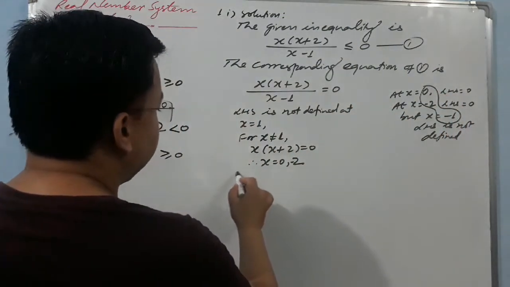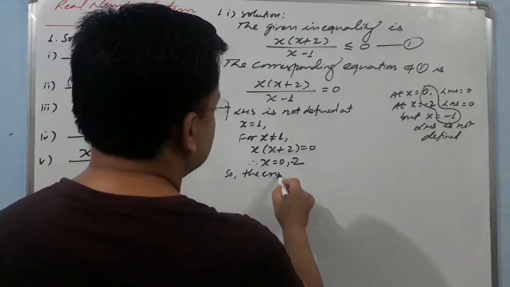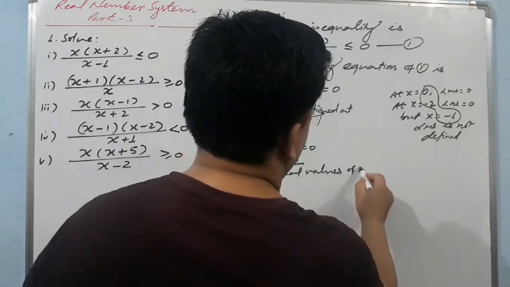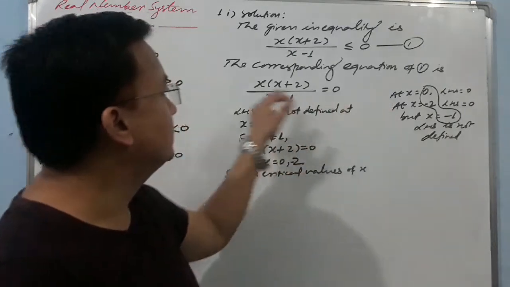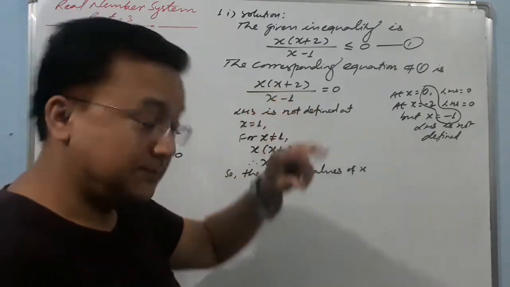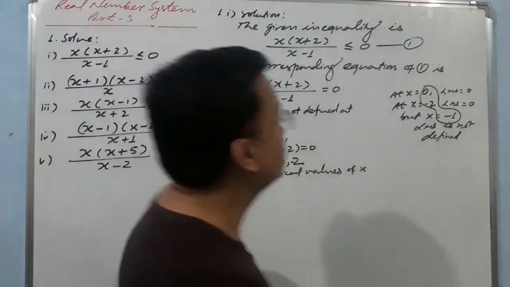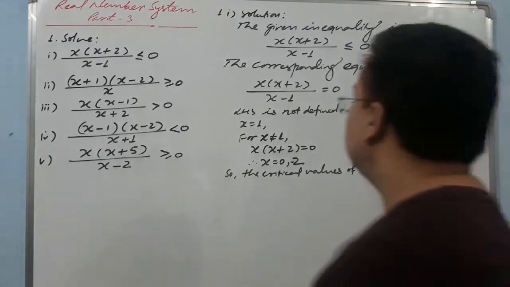So finally, the critical values of x: at x is equal to 0, this factor becomes 0, and x plus 2 also becomes 0, and at x is equal to 1, left hand side is not defined, right?